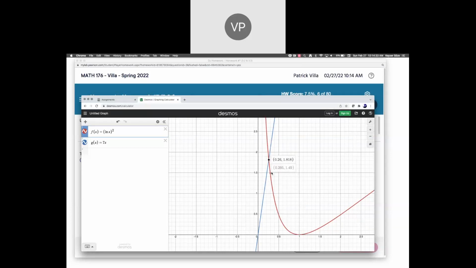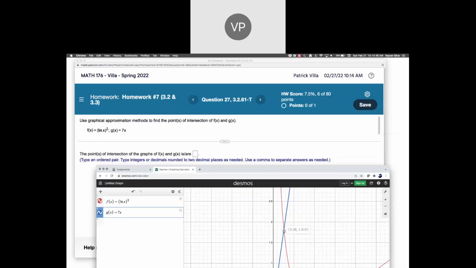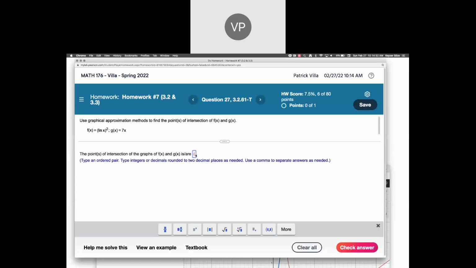You see how it's showing the values of the red line, and if I want to know the one that's there, I just hover over it, and I get 0.26 and 1.818. Okay, so the intersection point is the ordered pair 0.26, and then make sure you answer this part.